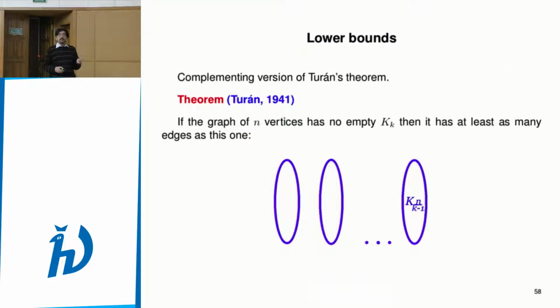But if we have, say, 10 fewer, so this number of edges minus 10 edges, then how many empty k-element subsets do we have?